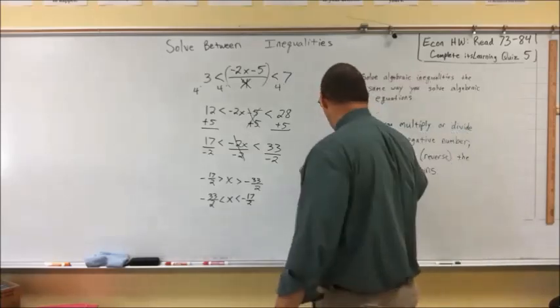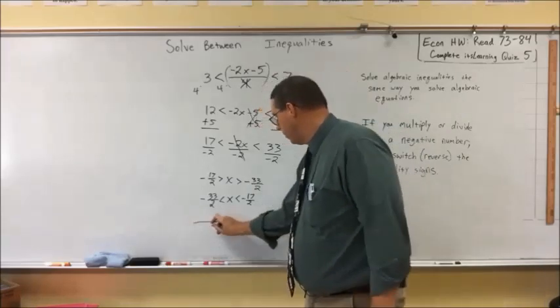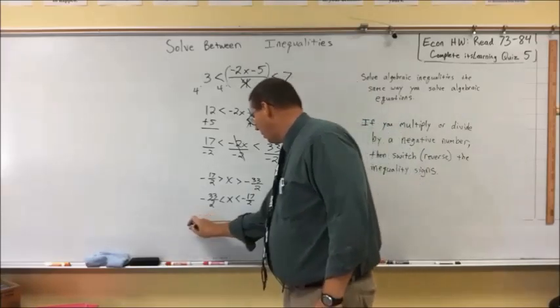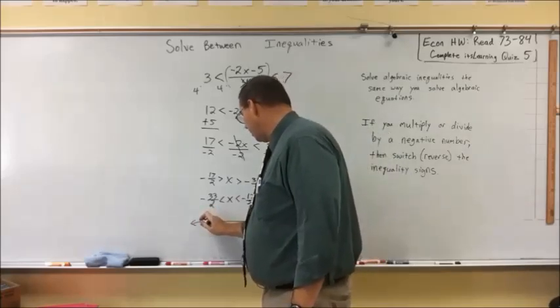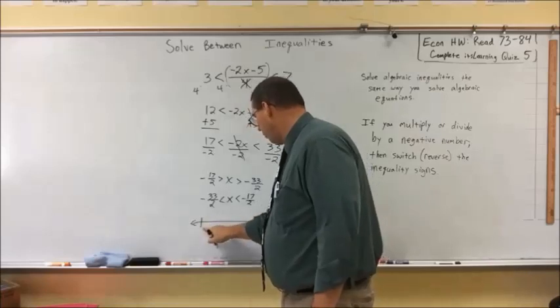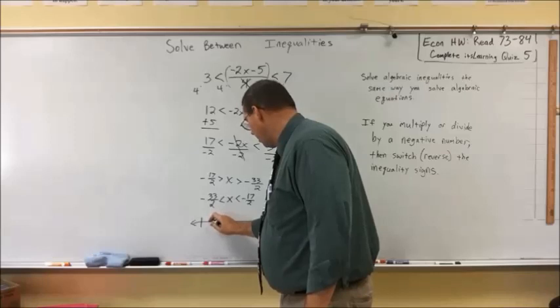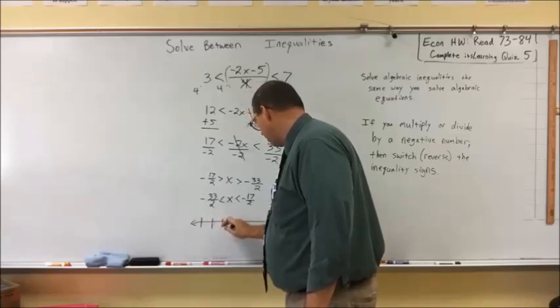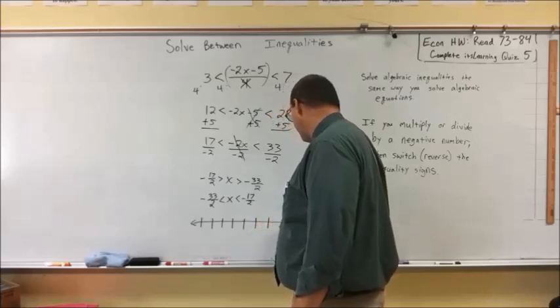Okay? So, we want to draw our graph now. What I'm going to do is make that my negative 33 over 2. It's kind of weird what I'm going to do here, but I'm going to skip some.